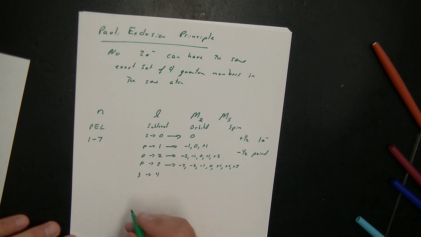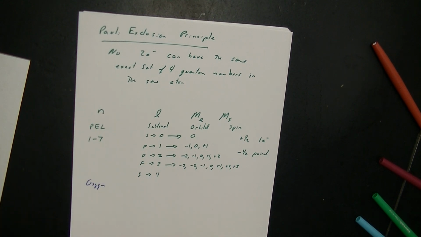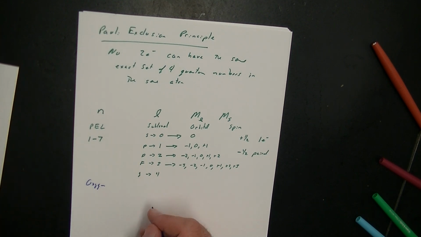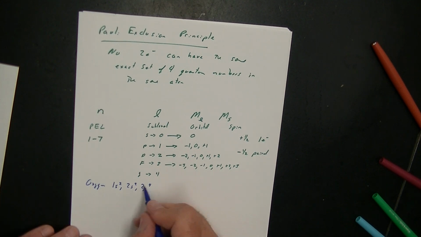Let's start with oxygen. I don't know, I just picked that. Really what you want is its orbital notation and electron configuration. Oxygen has 8 electrons, its electron configuration is 1s2, 2s2, 2p4.